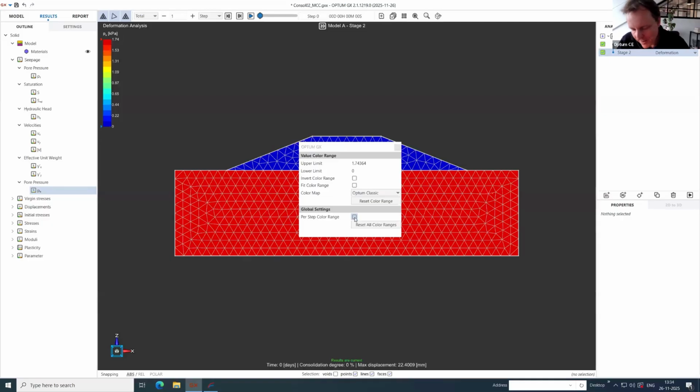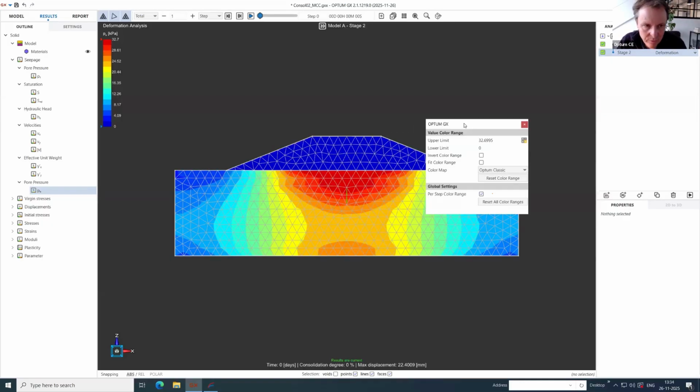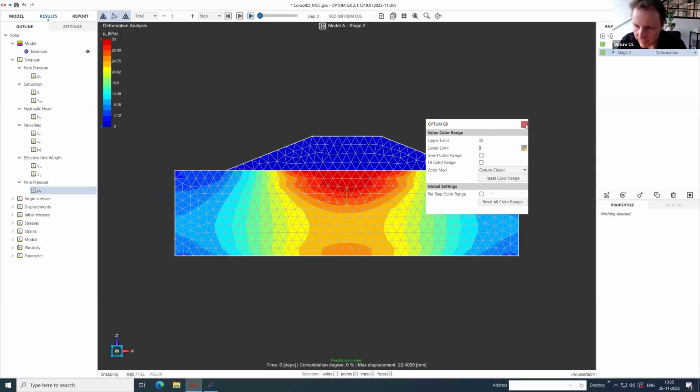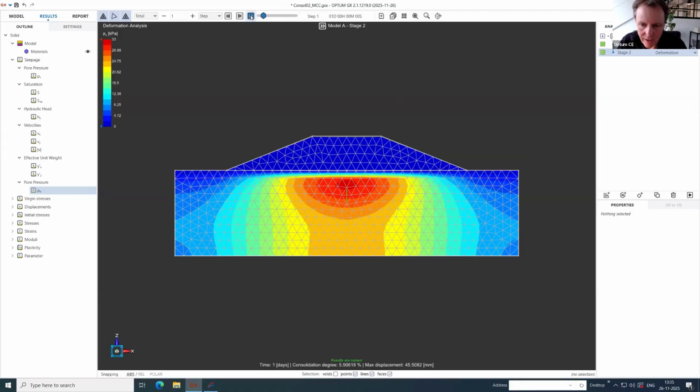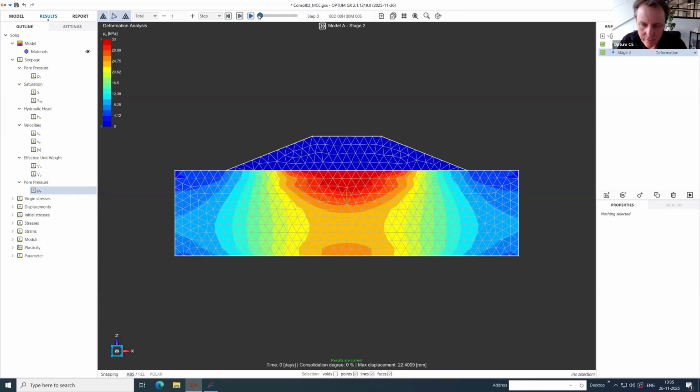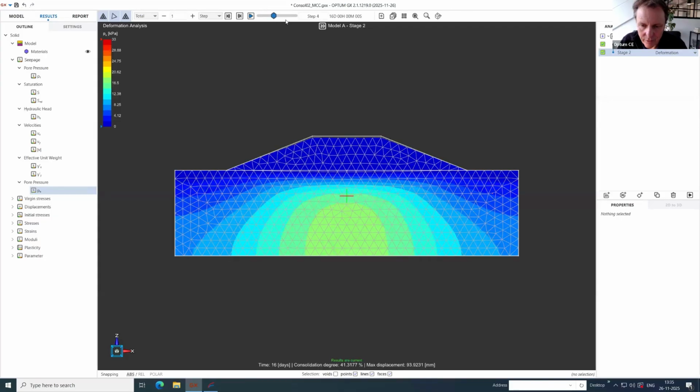The color range can be fixed on the basis of the whole time series, or individually within each step. Individually within each step, we see that we have 32.7, so we can change back to the whole time series, but with an upper limit of 33, and then see how that evolves. And it evolves in this way. It's over pretty quickly. It's pretty large to start with, especially right here under the center of the embankment, and then it gradually fizzes out with time.